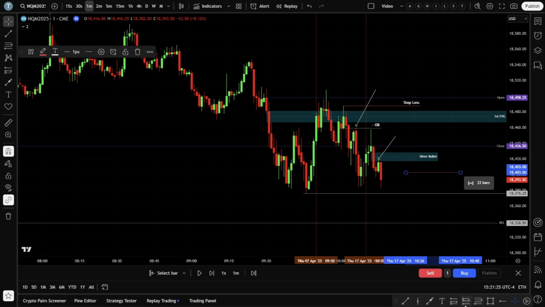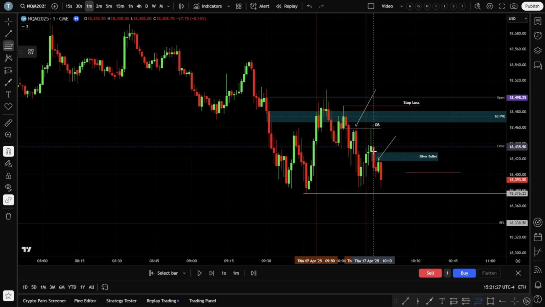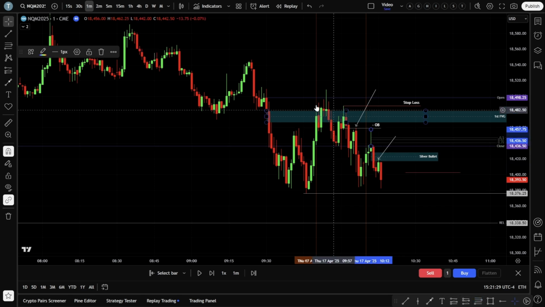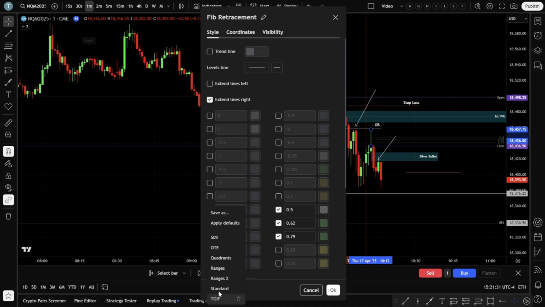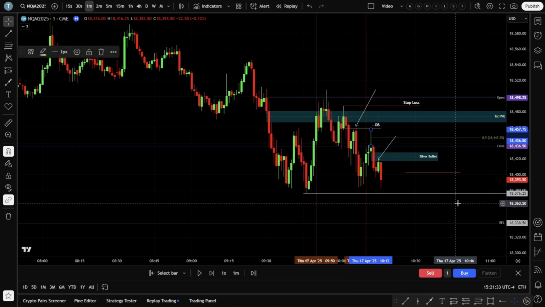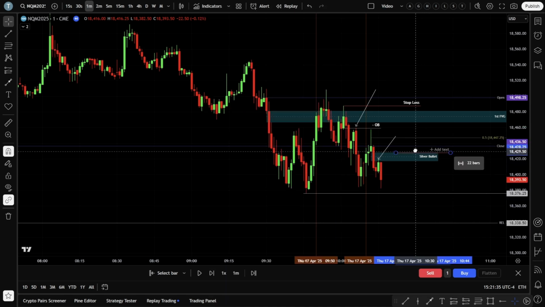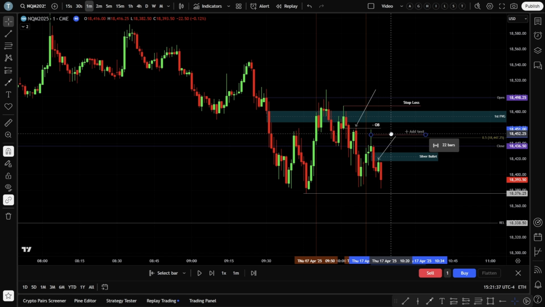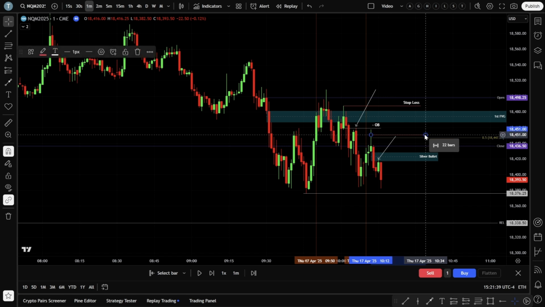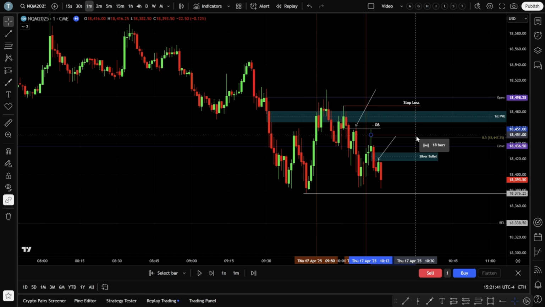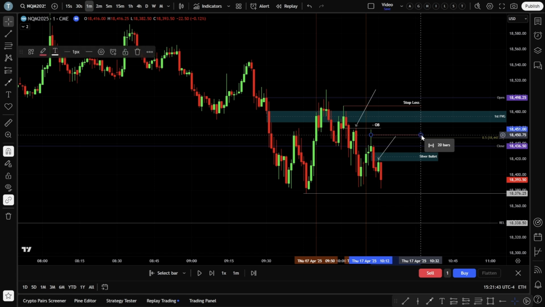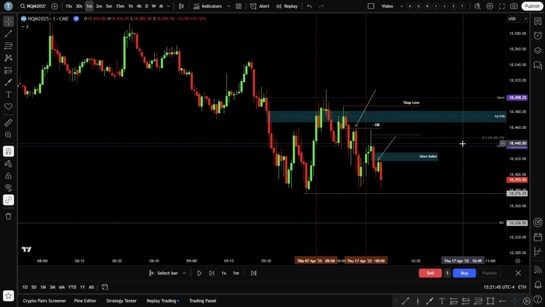So we can check the consequent encroachment of that wick. And we could place our stop loss just above the consequent encroachment of the wick.